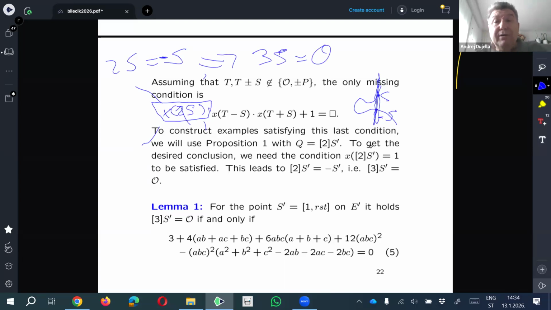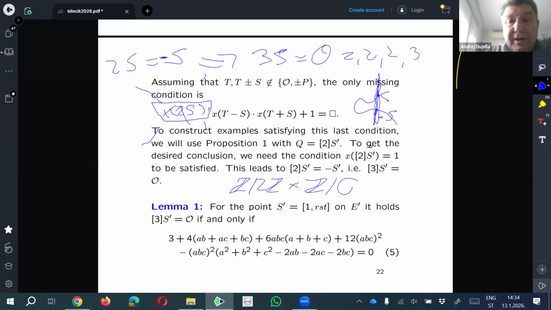And now we have already come close to the arithmetic of elliptic curves, because we already have 2 points of order 2. So we have points of order 2, and now we would like to have 1 point of order 3. And by Mazur's theorem, there is only one possibility. So this might be possible if we can obtain torsion group Z2 times Z6.